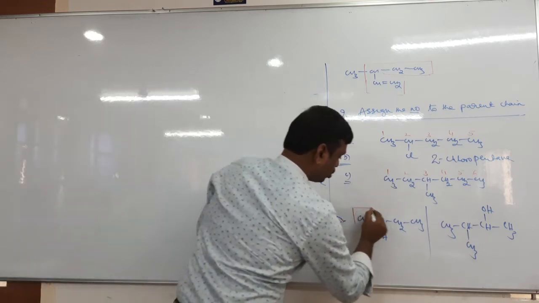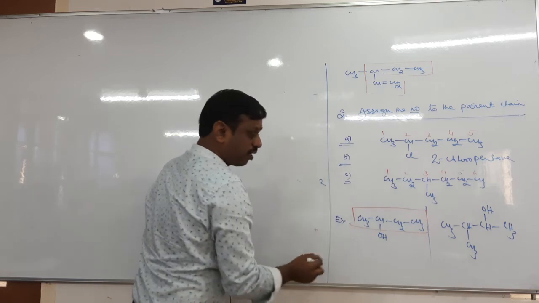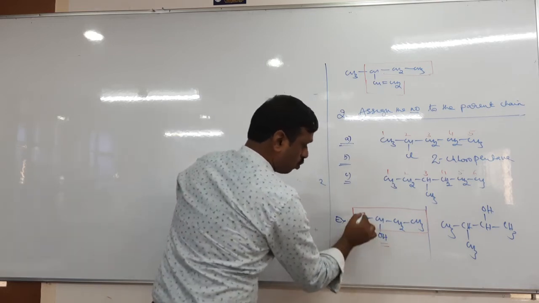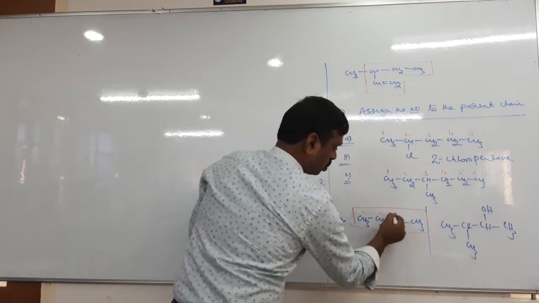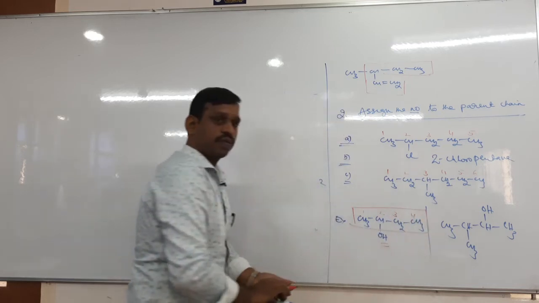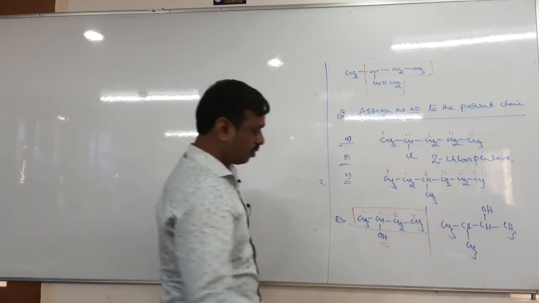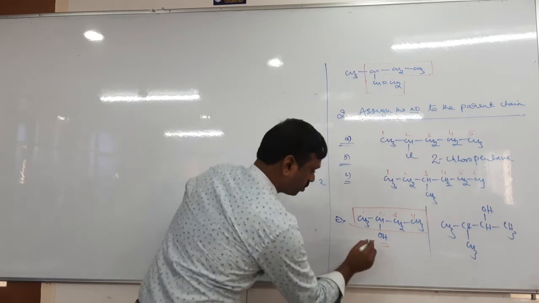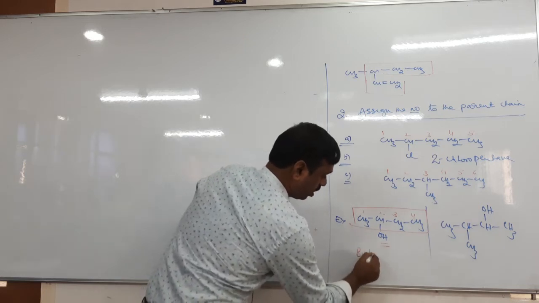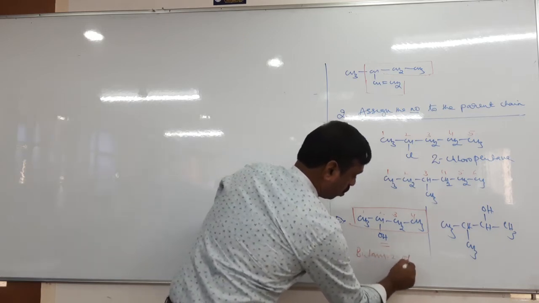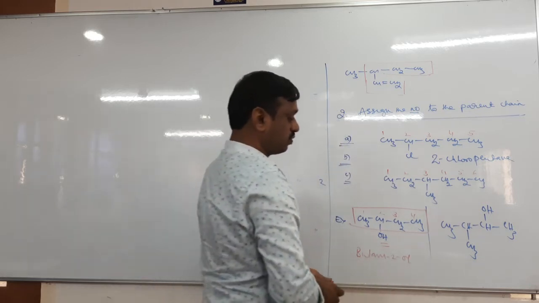So it is a parent chain. Next, numbering. Here OH is a functional group. Therefore it is 1, 2, 3, 4. Okay. Propane, butane, ol.